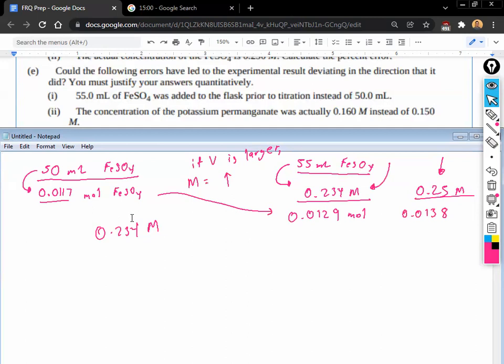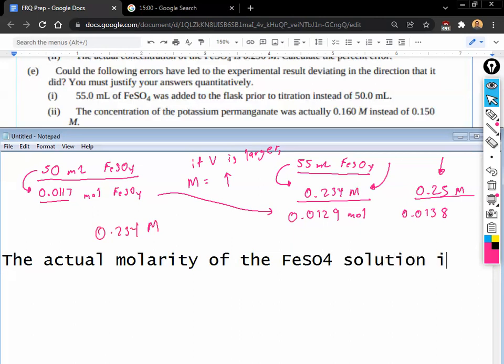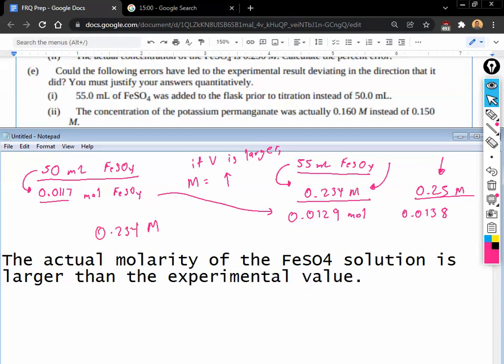Yeah, the molarity is larger, right? So what that means is, okay, we can start writing our answer now. You can say the actual molarity of the FeSO4 solution is larger than the experimental.